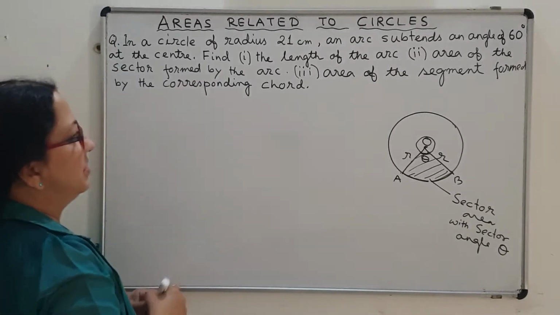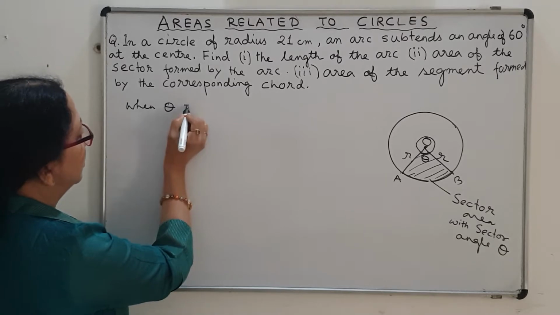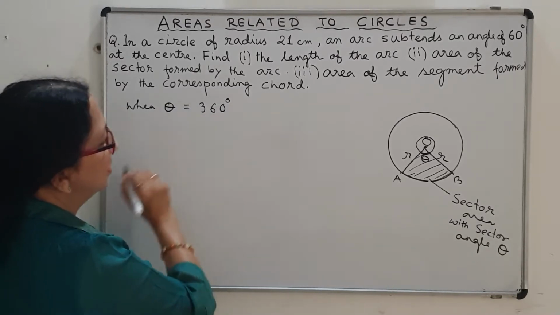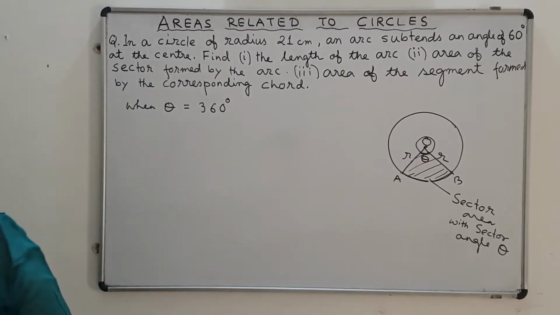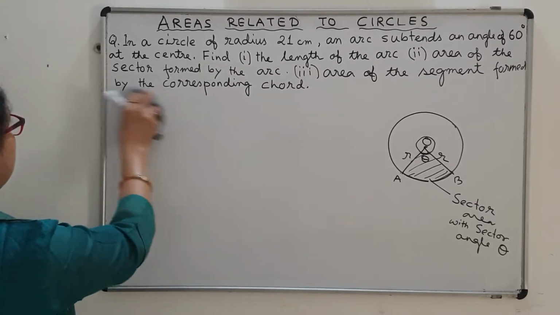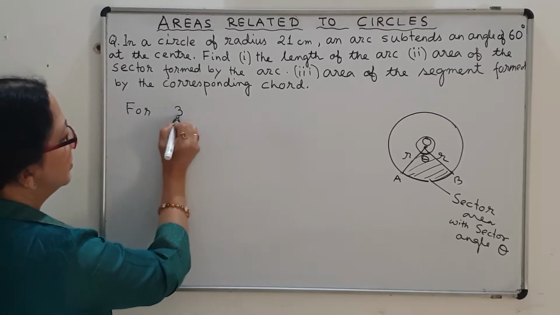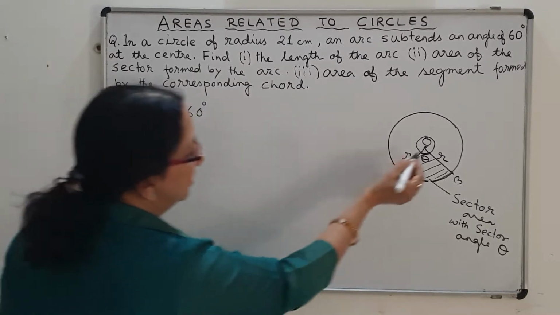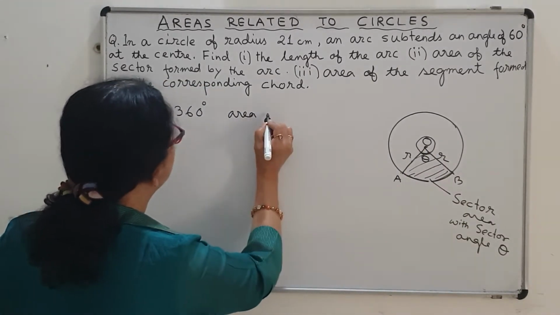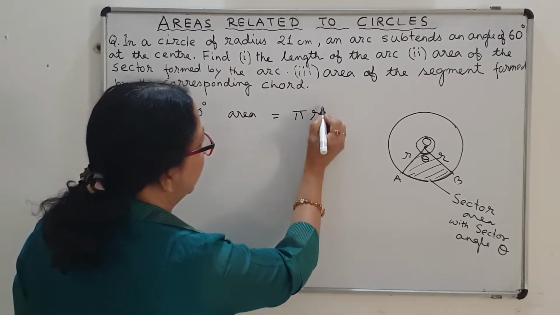So for a 360 degree angle at the center, the area is, we know, the area of a circle is pi r square.